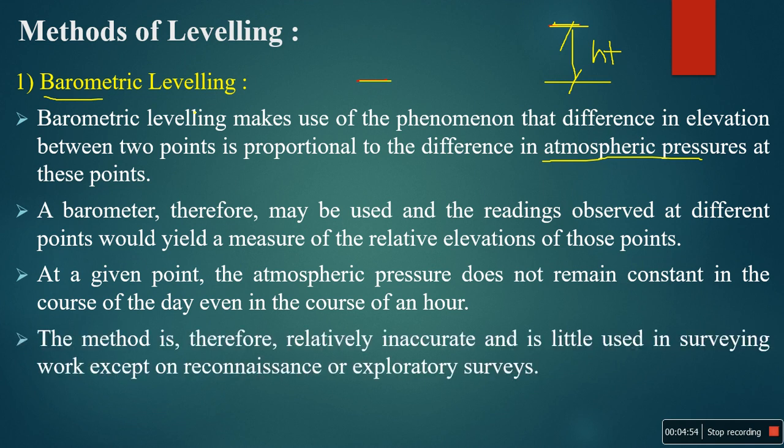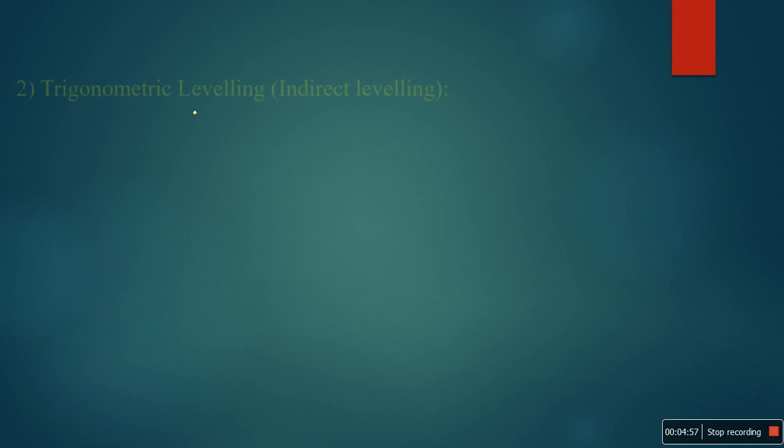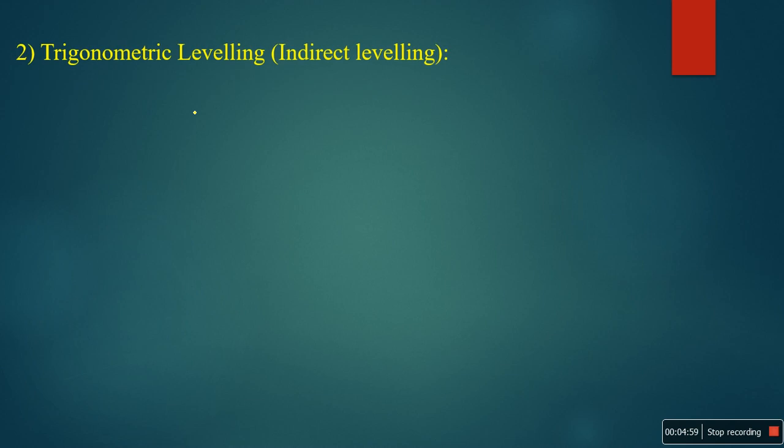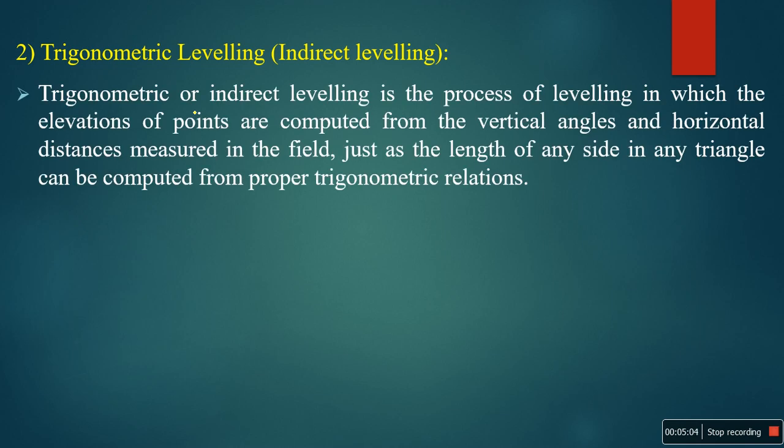Coming to the second method, that is trigonometrical leveling. It is also called indirect leveling. This is one of the processes of leveling. We have to find the elevation with respect to points. First we have to measure the vertical angles as well as horizontal angles, and also the horizontal distance between the points.